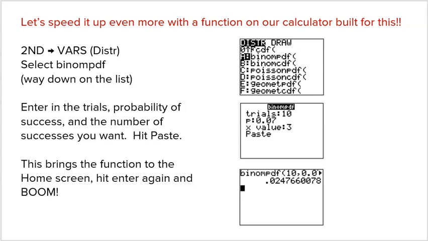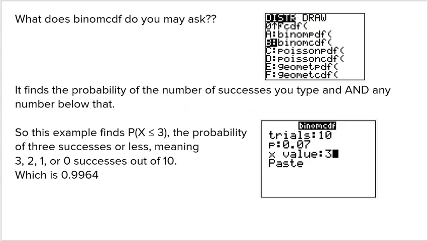We love it. Now you might be noticing that directly underneath Binomial PDF is Binomial CDF. Let me explain what Binomial CDF does. First, Binomial CDF will find the probability of the number of successes you type and any number below that. So if I choose a Binomial CDF and I type in 10 trials, probability of success is 0.07, and I type in a 3.